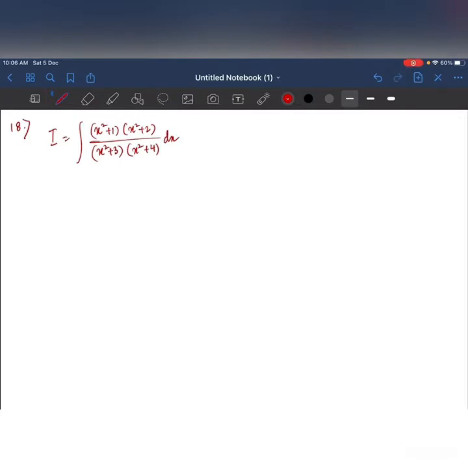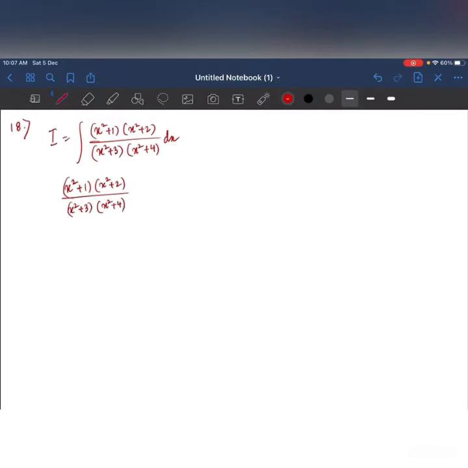So first thing, I will try to simplify this function. Let us first write this function like this: x square plus 1, x square plus 2, and for the moment we'll forget about integration, divided by x square plus 3 and x square plus 4.